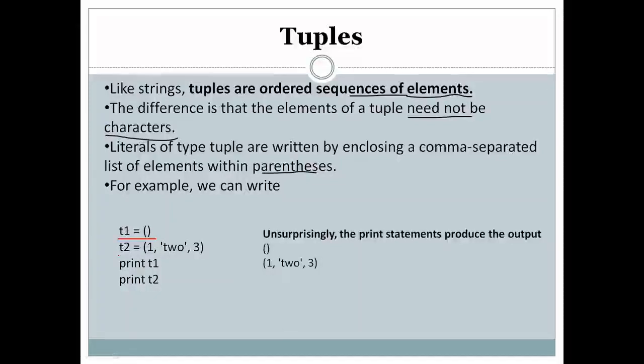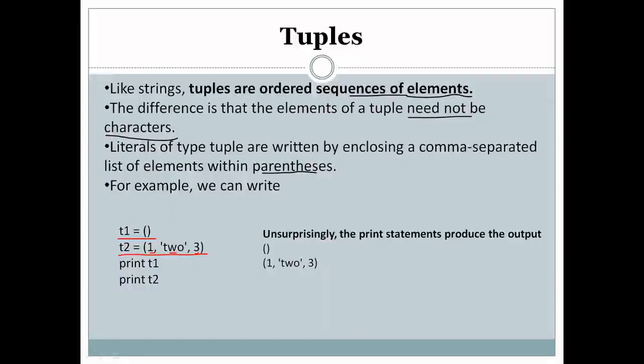Now the second example: T2 is equal to, inside the brackets, the elements 1, 'two' and 3. So this second tuple contains 3 elements or values.